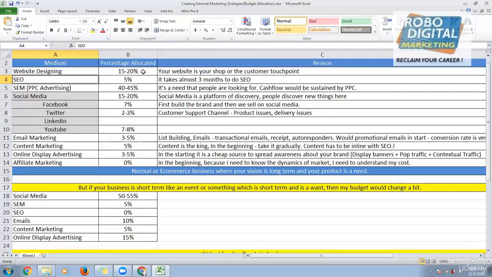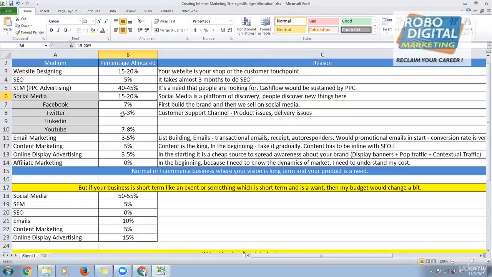Next is social media. Social media is no doubt an important factor when we consider marketing. So we spend approximately 15 to 20% on social media networks, whether we run paid ads or we do it organically.